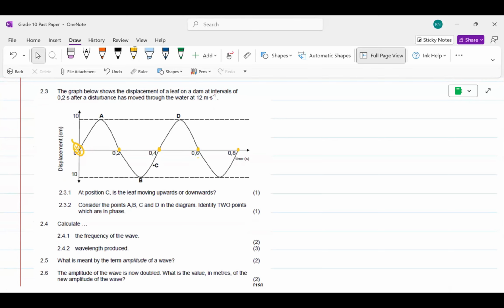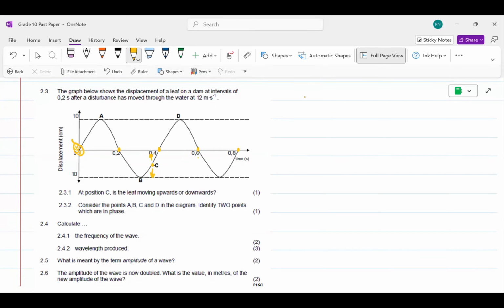Now, they say at position C, is the leaf moving upwards or downwards? What do you guys think? Is it moving upwards or downwards? At position C, which is right here, is the leaf going to be going up, continue going up, or is it going to be going down? This one shouldn't be too hard.